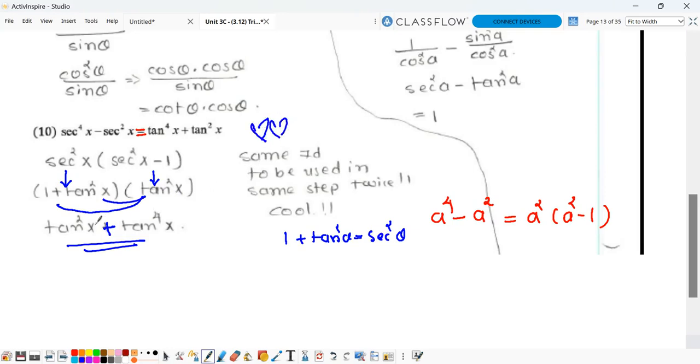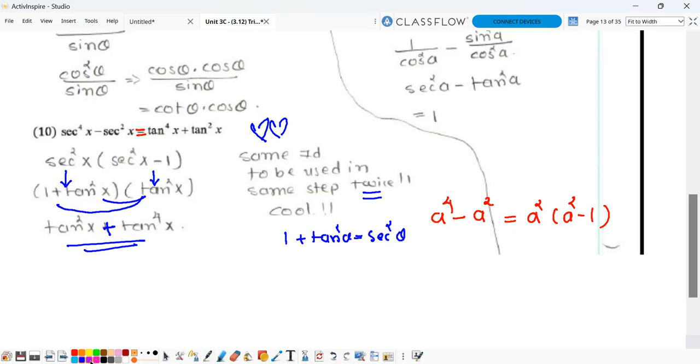This is the reason I like it, my favorite problem: we are using the same identity twice in the same step. Once in this form, second in the other form, and then distribute.